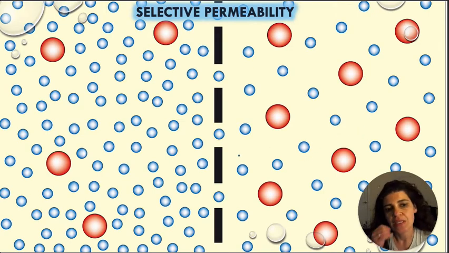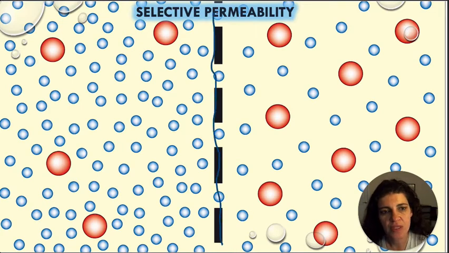Okay. Now look at this membrane here. You see this here? That is your membrane that is selectively permeable. So we're talking here already about selective permeability. What membrane in the body is selectively permeable? If you said plasma membrane, got it.